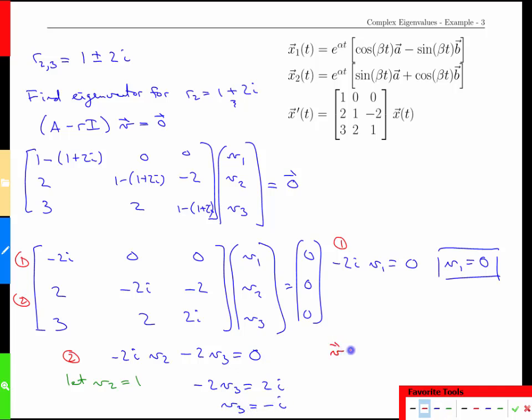So our eigenvector number 2 is going to be 0, the second component is a 1, the third component is negative i. And we can write that as 0, 1, 0 plus i times 0, 0, negative 1. And that is enough to build our solution.